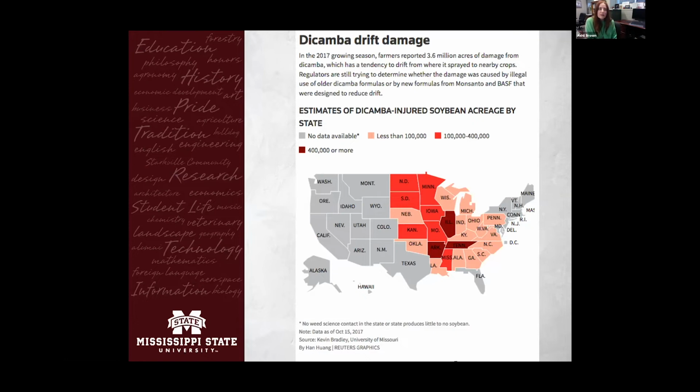So I said earlier that we do a variety of different types of testing and have a lot of analytical capability. But in 2017, I was approached, and I think many of you have probably seen this exact figure or similar figures in looking at off-target movement and dicamba drift damage that was seen within the 2017 growing season.